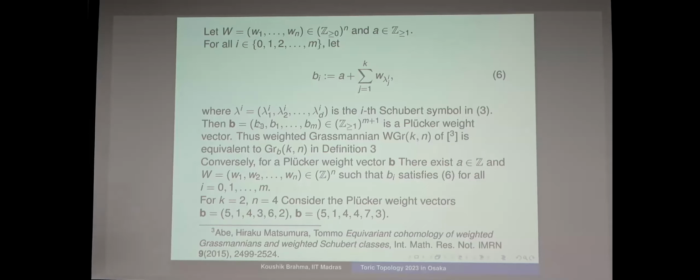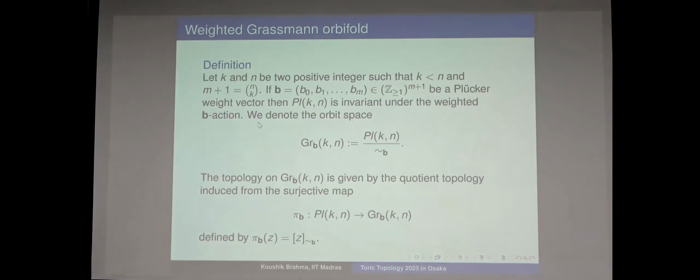Then if we define Bi this way, as a plus the summation of W lambda ij, where lambda is this word symbol, then B will give a Plücker vector. This way, you can see that the weighted Grassmannians defined earlier by Abe and Matsumura and in our earlier paper are already things we can write as GRBKN.